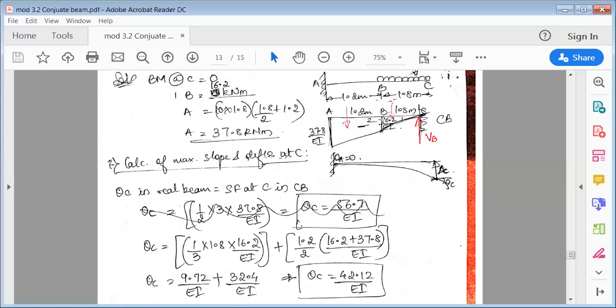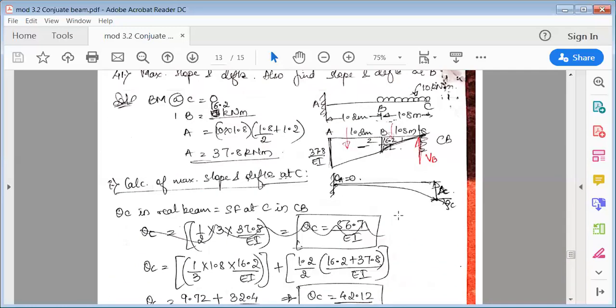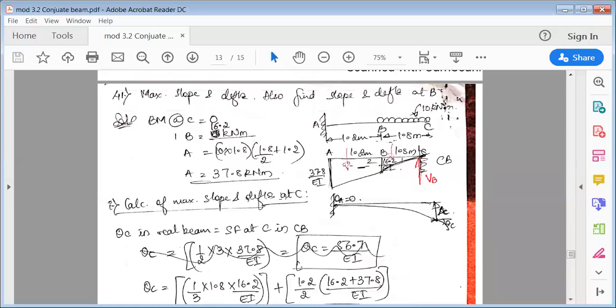So the formula goes like this: if you want to find the centroid of a trapezoid, it is h by 3, then open the bracket, (A plus 2B) divided by (A plus B). That's how we have written it here.